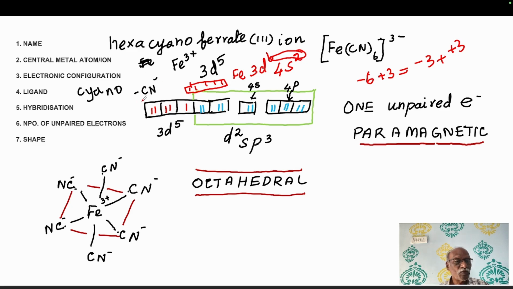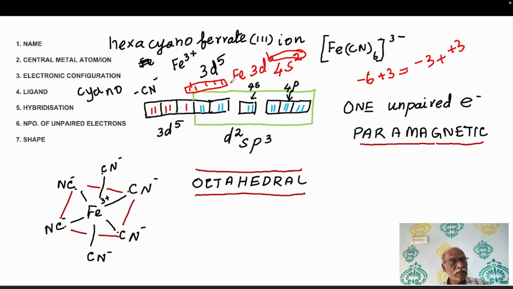The cyano group, which is a powerful ligand, a strong field ligand, pushes up all the odd electrons, trying for maximum pairing, resulting in 2 paired electrons and 1 odd electron. This is easy to understand. 5 orbitals, 5 electrons, all 1, 1, 1, 1, 1.